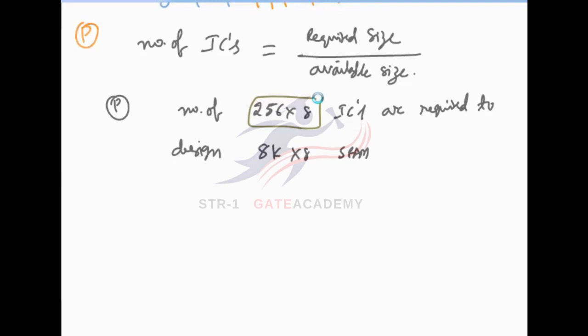Right? So according to our given formula, number of ICs is required size. Required size is 8 kilo. This 8 kilo I am writing in terms of 2 power n representation, 2 power 13 by available size. Available size is 256. 256 in terms of 2 power 8.